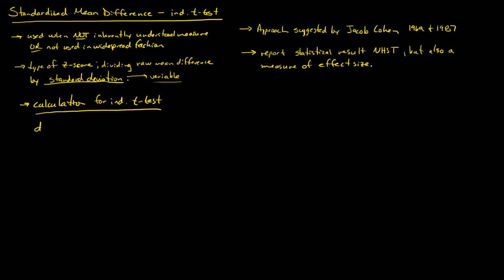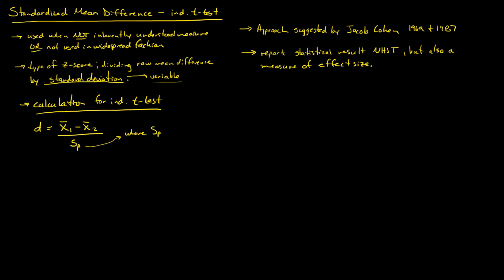Now we're using small d, and it's simply the mean of group 1 minus the mean of group 2, just like it was for capital D. And then we divide by a standard deviation. Notice it's an S, and because it's an S, it means it's a statistic, a point estimate of what's going on in the population. And you'll recognize this S sub p.